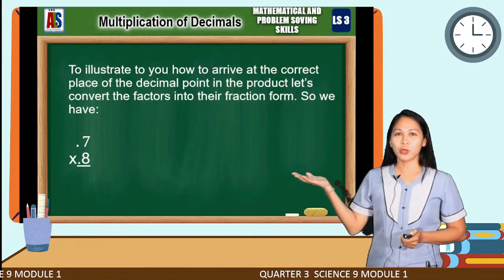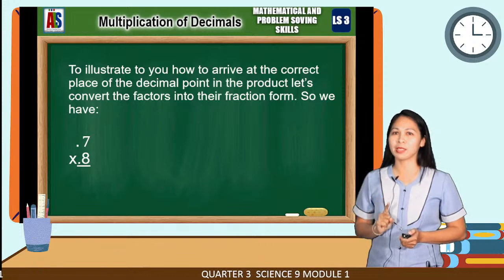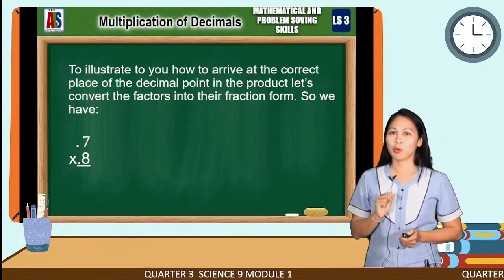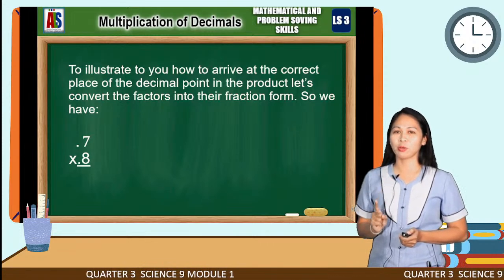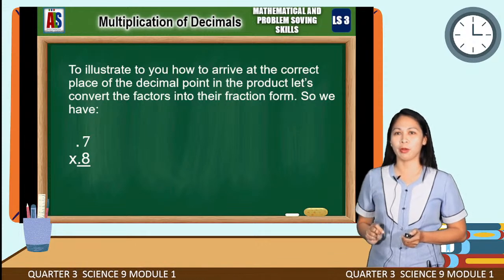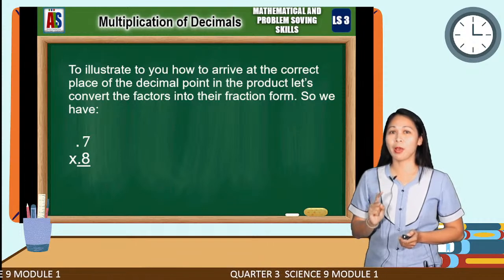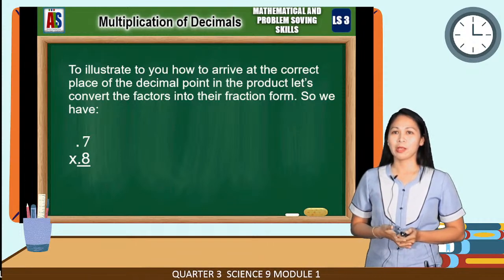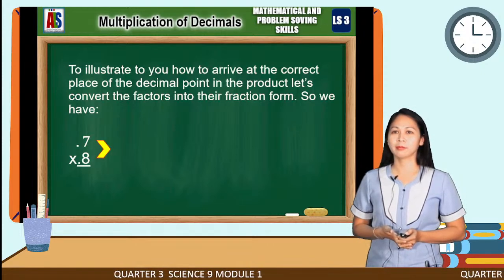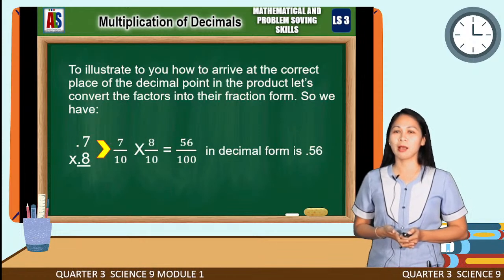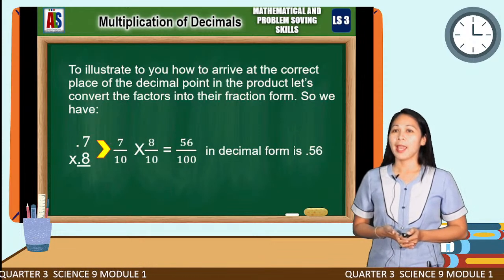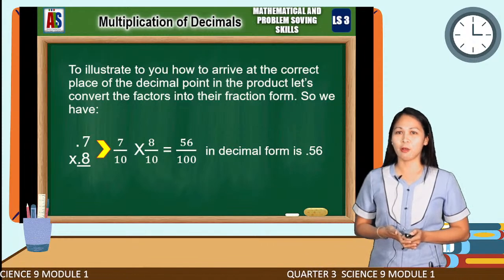To illustrate how to arrive at the correct place of the decimal point in the product, let's convert the factors into their fractional form. This is one way of finding the product of decimal numbers. So we have 0.7 becomes 7 over 10 and 0.8 becomes 8 over 10.